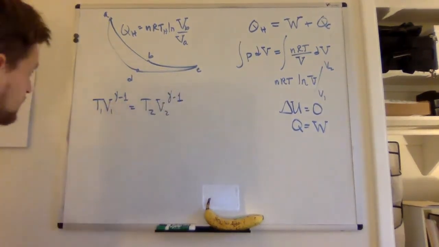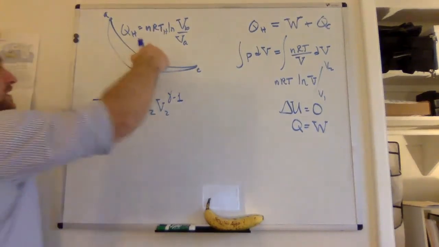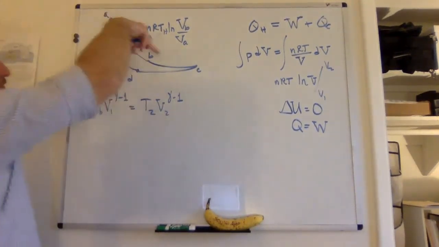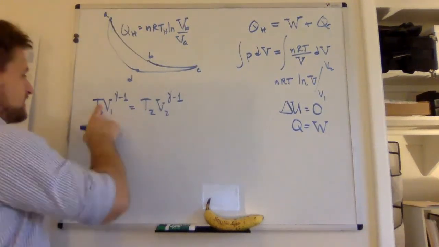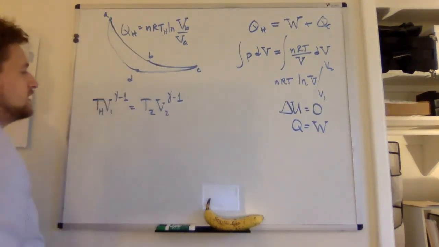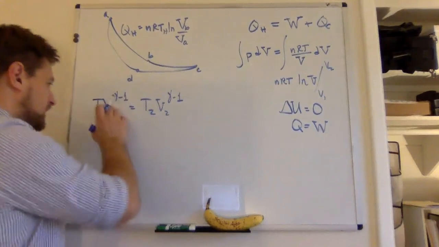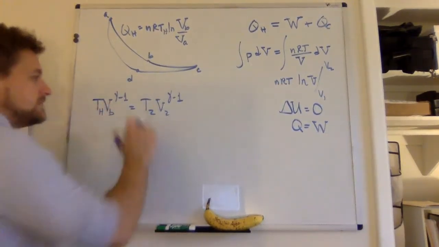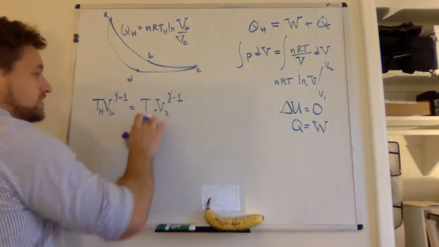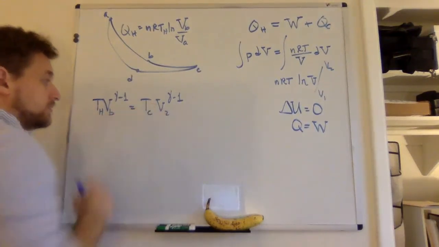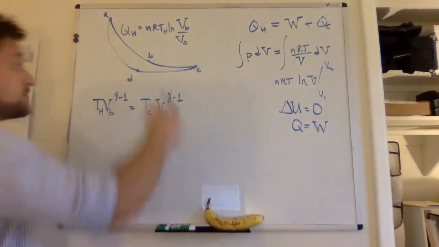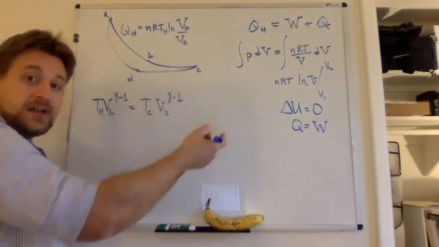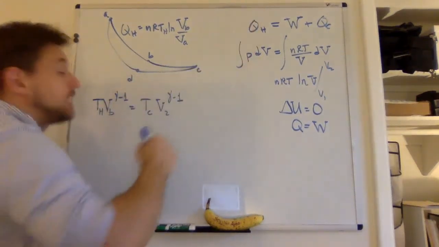That's from that stuff we just had. Now we're talking about the temperature at point B, which is the temperature of that whole first process. So this is the hot temperature. V1 is the volume at point B. T2 is the temperature of the cold reservoir, the temperature of the exhaust, the temperature at which the isothermal compression is about to happen when we exhaust our leftovers QC.